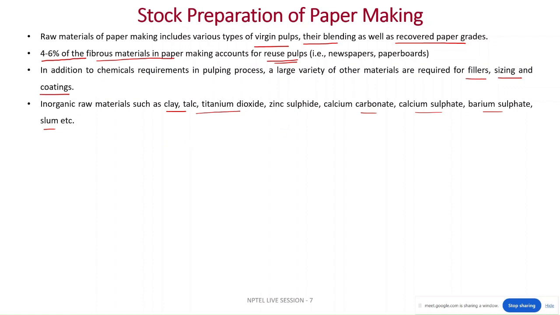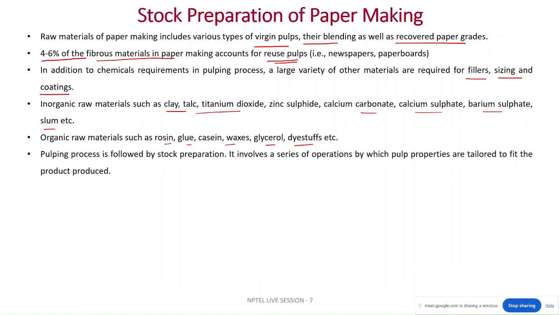Organic raw materials such as rosin, glue, waxes, glycerol, and some dye stuffs are also used as raw organic material.